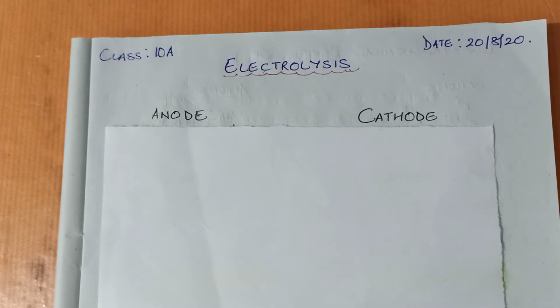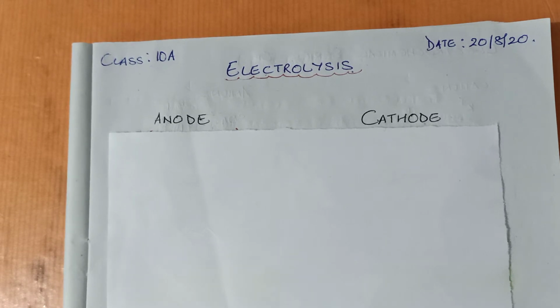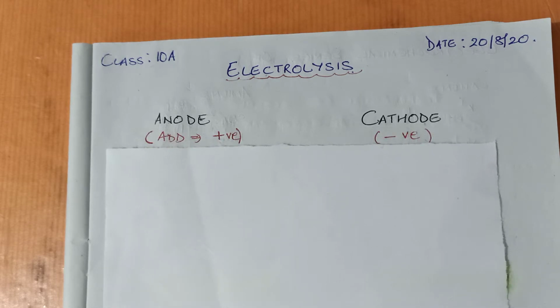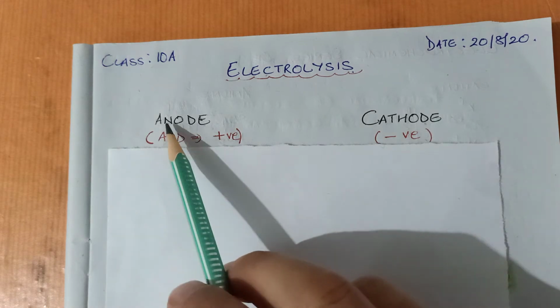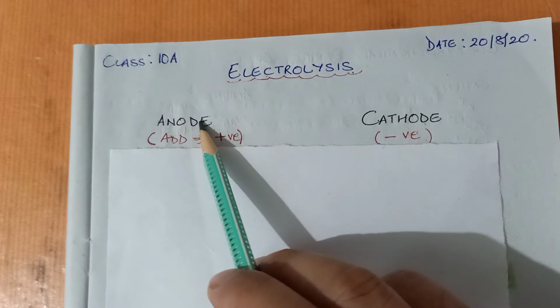Now let us start with anode. Anode starts with A, and from A we will remember addition. Symbolically, addition is represented by plus sign. So anode is a positive terminal.